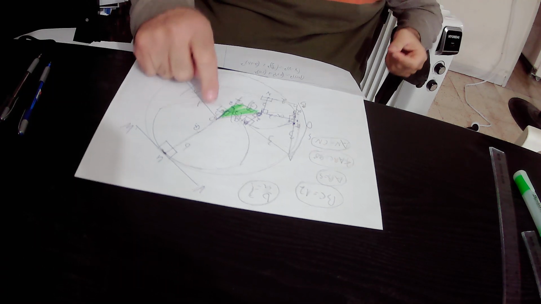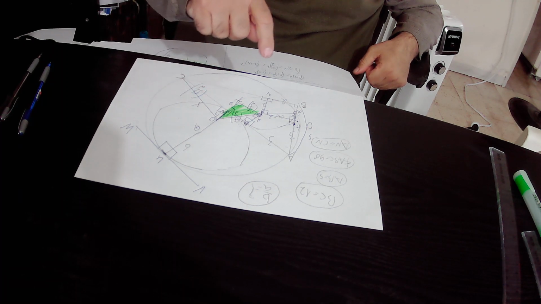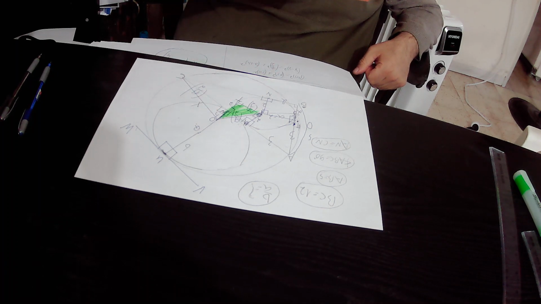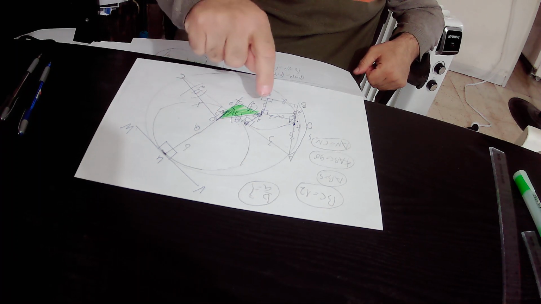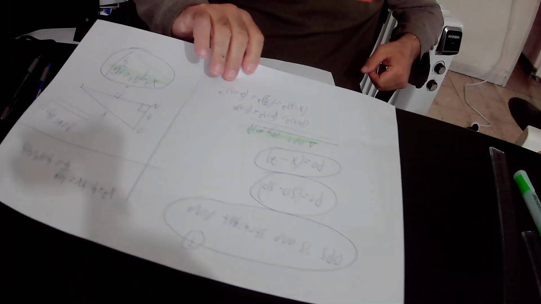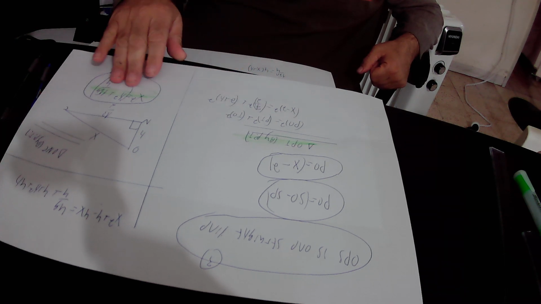Here we defined NO as H. And then we implemented the Pythagoras theorem on the right triangle POT. The right triangle POT, according to the Pythagoras theorem, PO square equals PT square plus TO square.